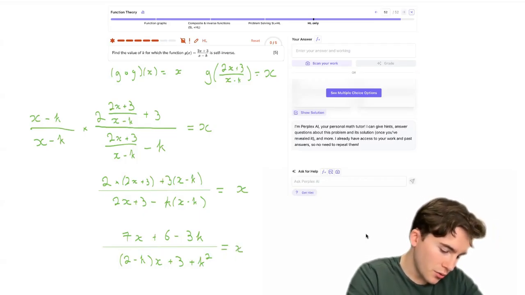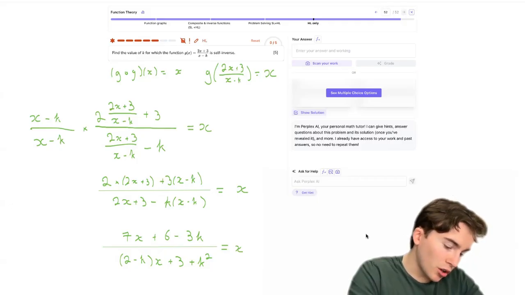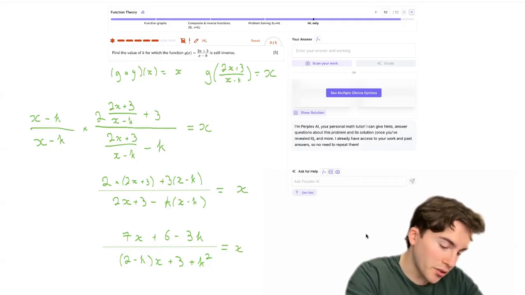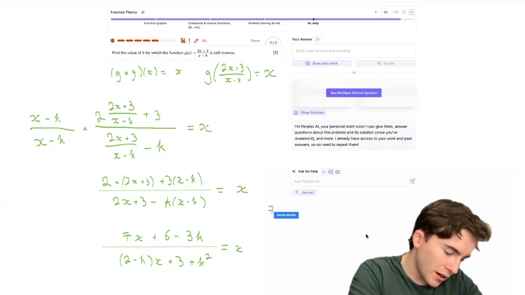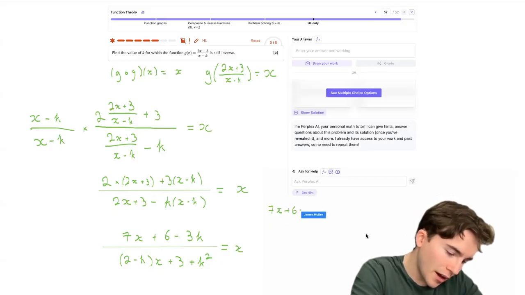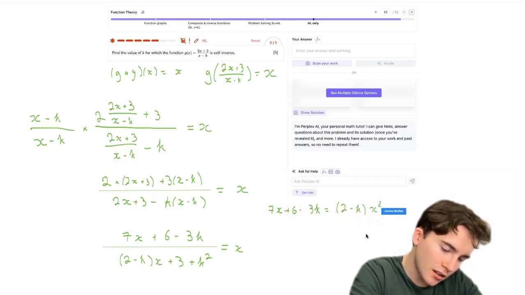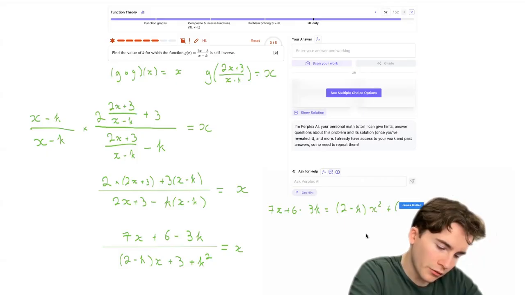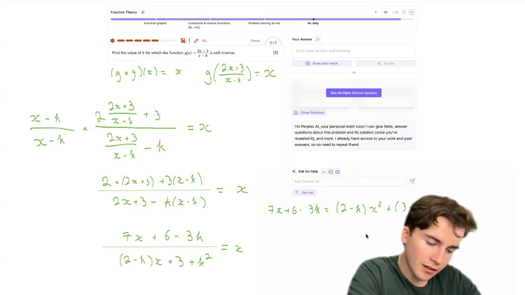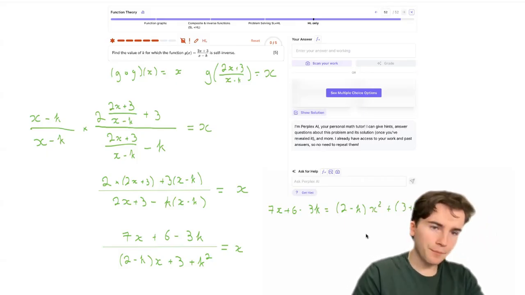And now what I can do is multiply both sides through by the denominator to clear it out, and I'm left with 7x plus 6 minus 3k is equal to 2 minus k, and then x times x is x squared, plus 3 plus k squared x, like that.